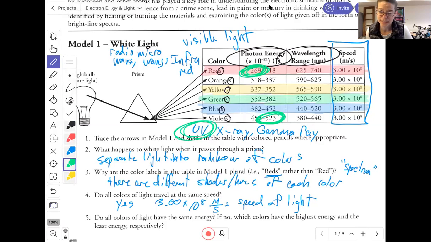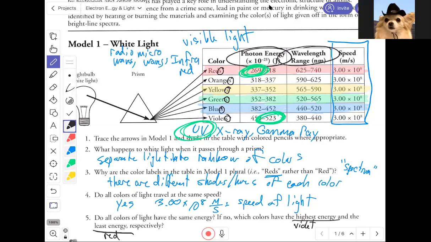It does not do anything to you. It does not have very much energy. So red is your low energy. So your high energy here is violet, and your low energy here is the red. And if I look at the next question, question 6, which of these has my longest wavelength?